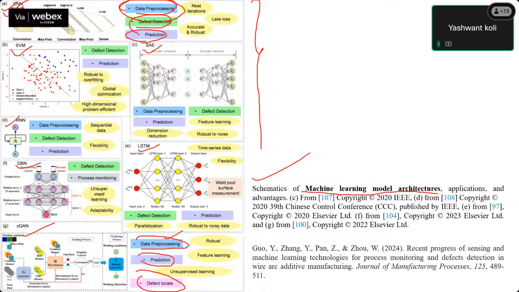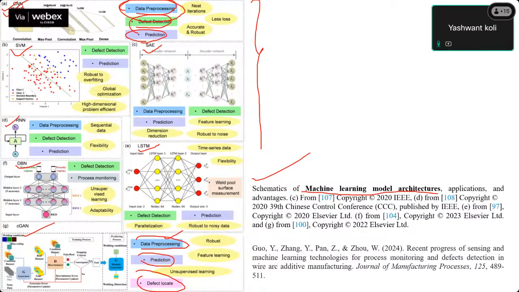Compared to different types of CNN models, it has higher robustness and lower error, and fewer iterations also. With minimum iterations we can achieve the best combination for defect detection.